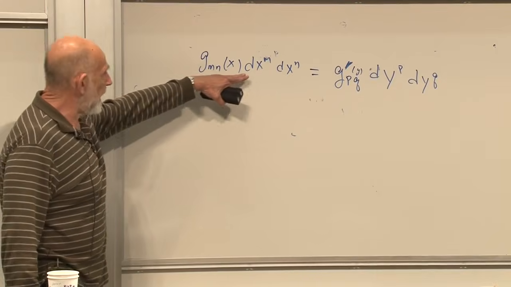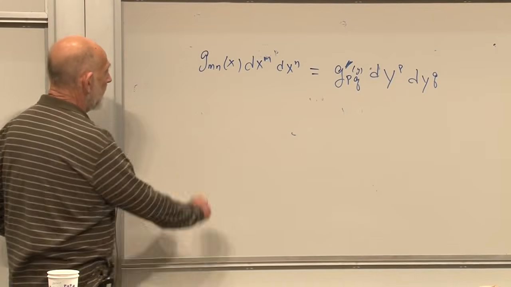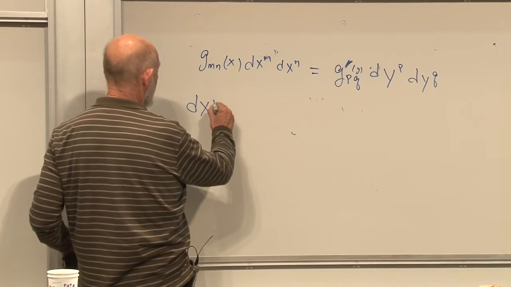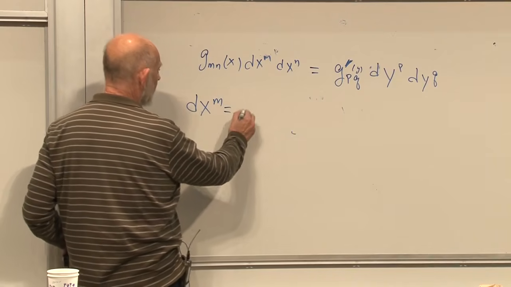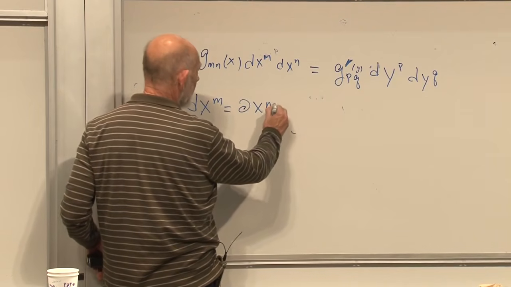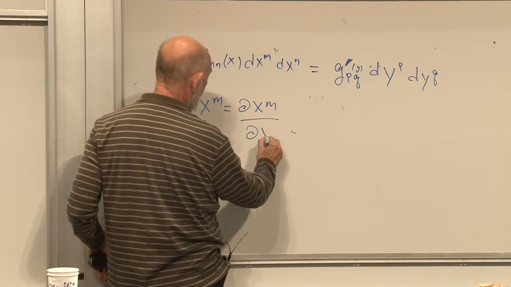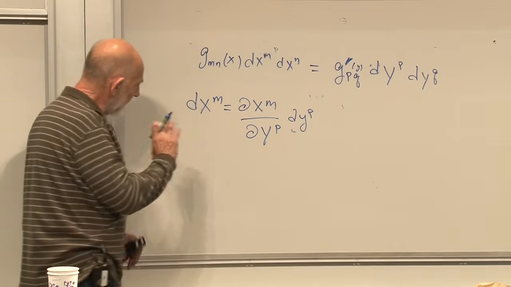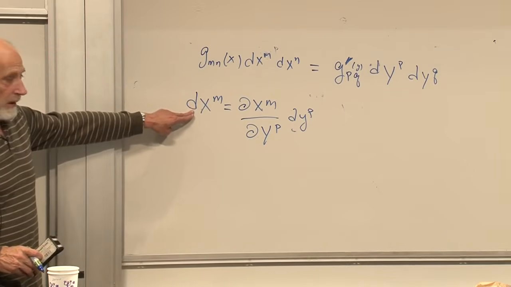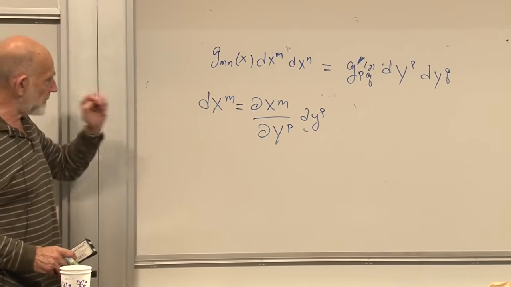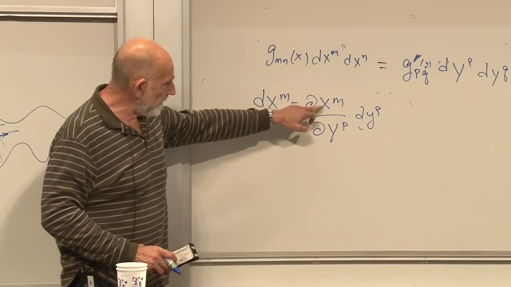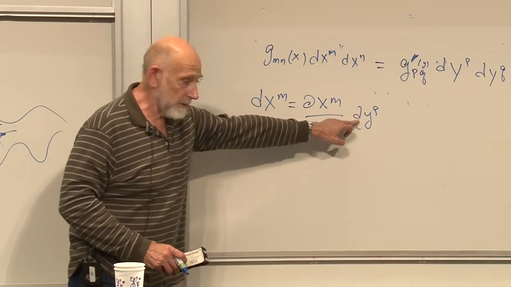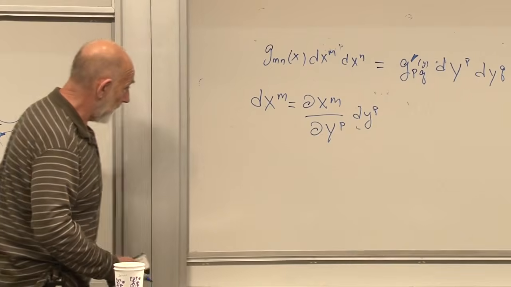Okay, let's rewrite this by writing that dx^m is equal to the partial of x^m with respect to y^p, dy^p. The little differential element of x separation is the derivative of x with respect to y times the little change in y.